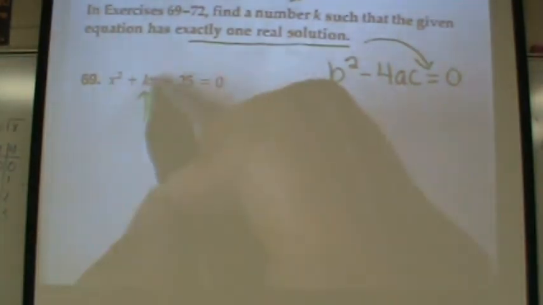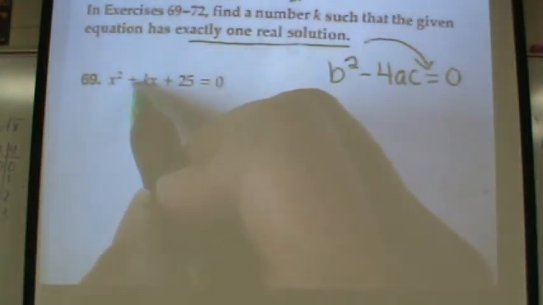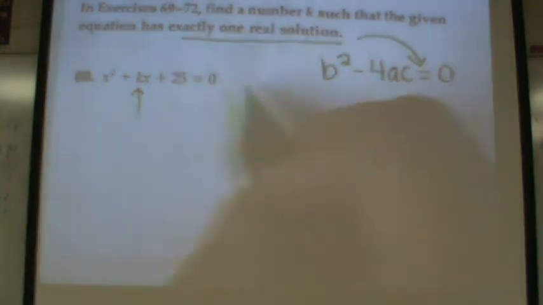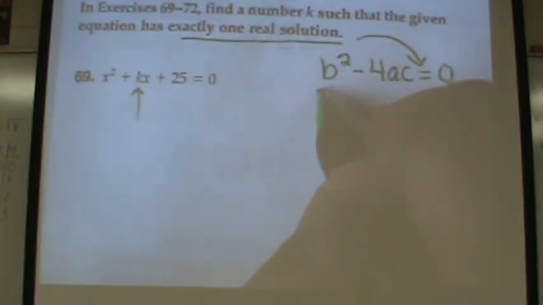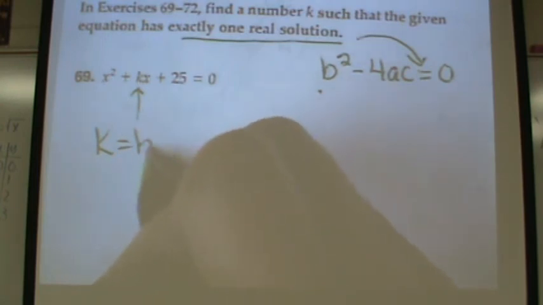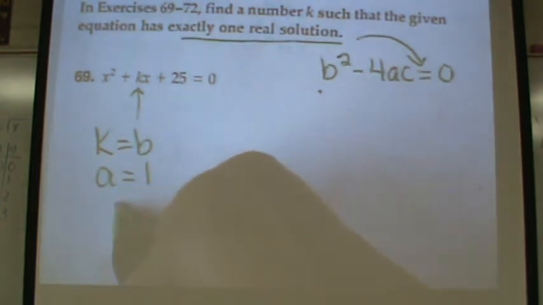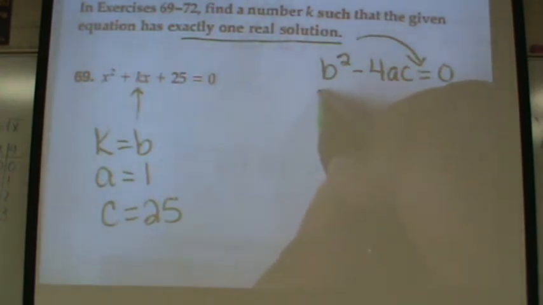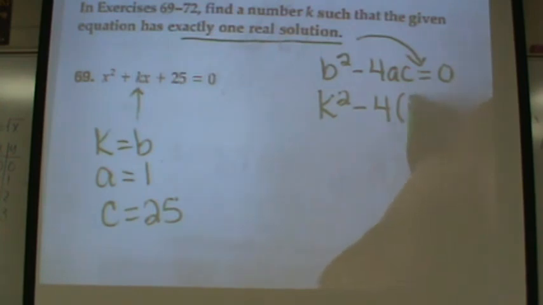So k is b, 1 is a, and c is 25. So we've got k squared minus 4 times 1 times 25.